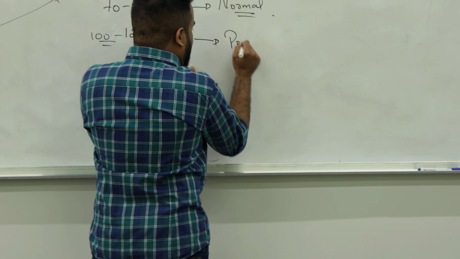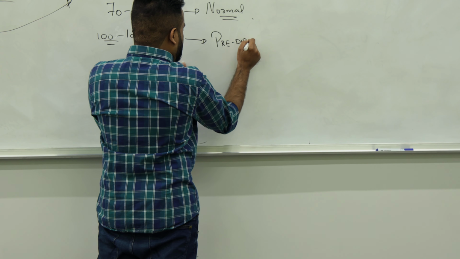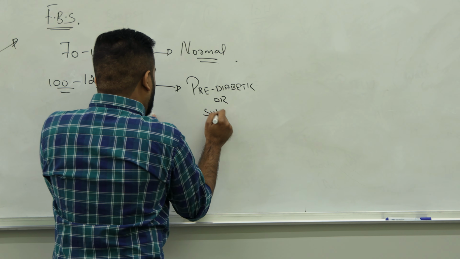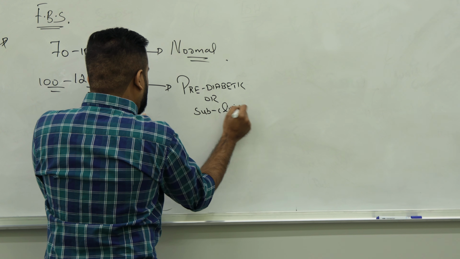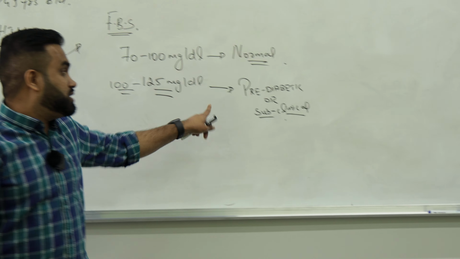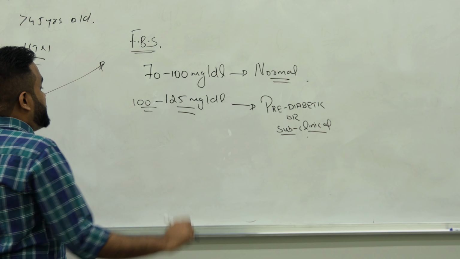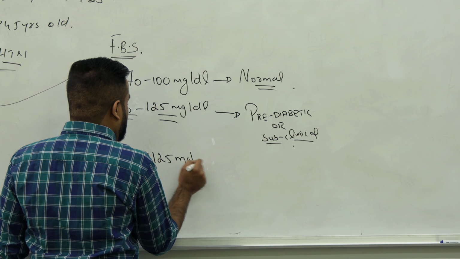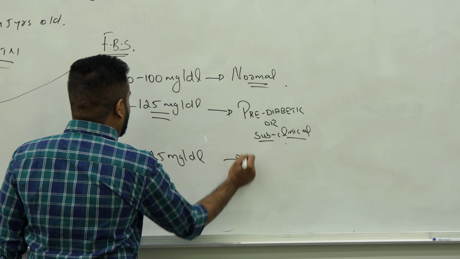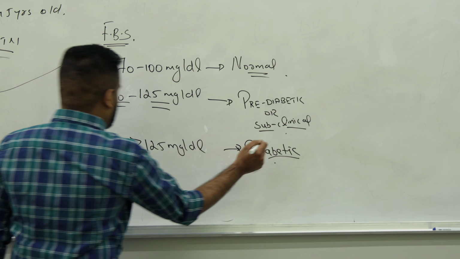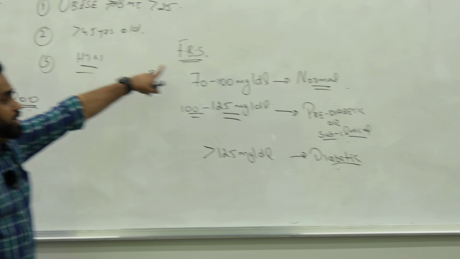This patient is at high risk, he is pre-diabetic, or he has subclinical diabetes mellitus. If the patient has more than 125 milligram per deciliter, sure I can call him, hey patient, you are diabetic.